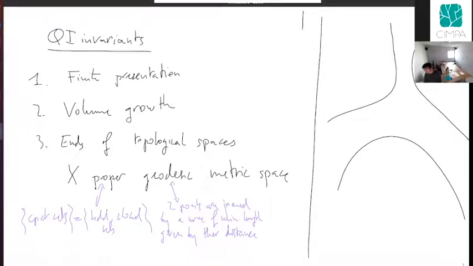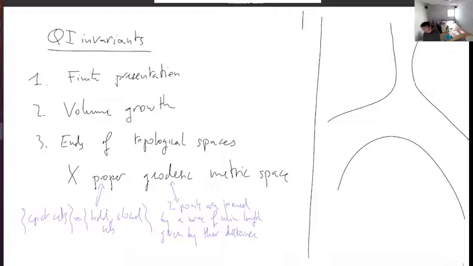What are the qualitative differences of going to infinity? Here I've drawn something with three funnels going out, and the ends of the space should describe how we can move out.